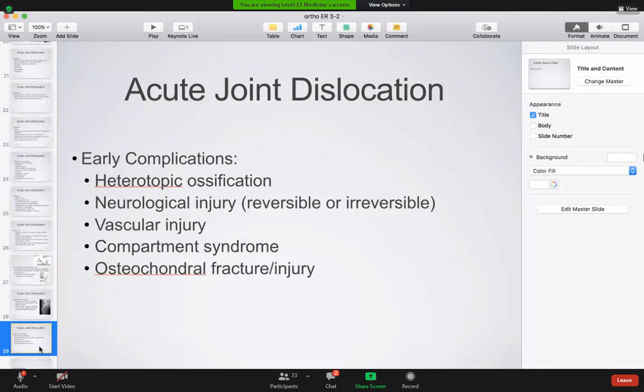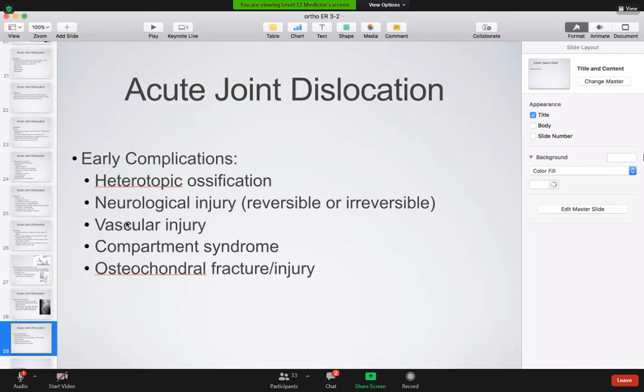What are the early complications of joint dislocation? Heterotopic ossification, which is ossification of the hematoma around the injury, is more or less considered a late complication.